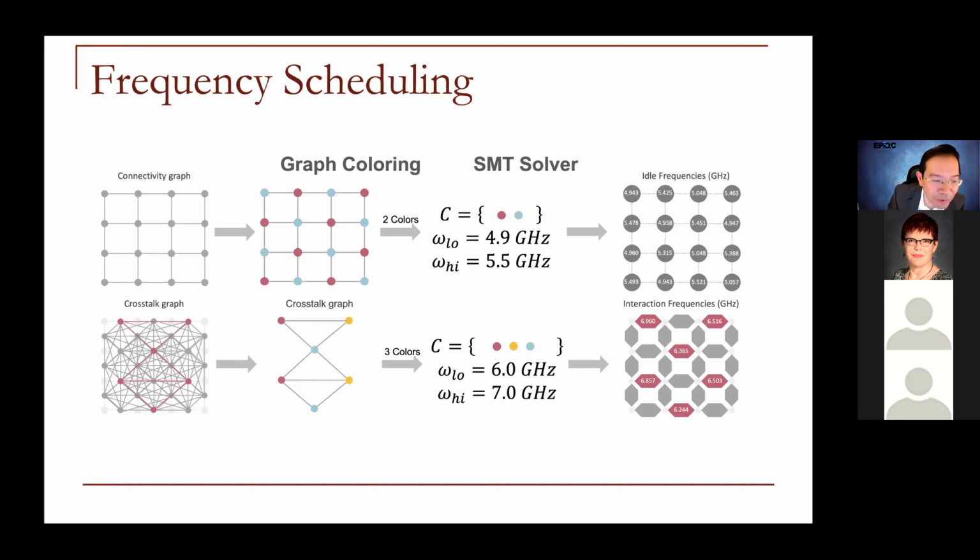And then we construct what we call a crosstalk graph, which is basically different 2-qubit operators that can be near each other or connected to each other in the machine. And then we color that graph such that neighboring 2-qubit gates will have different frequencies.